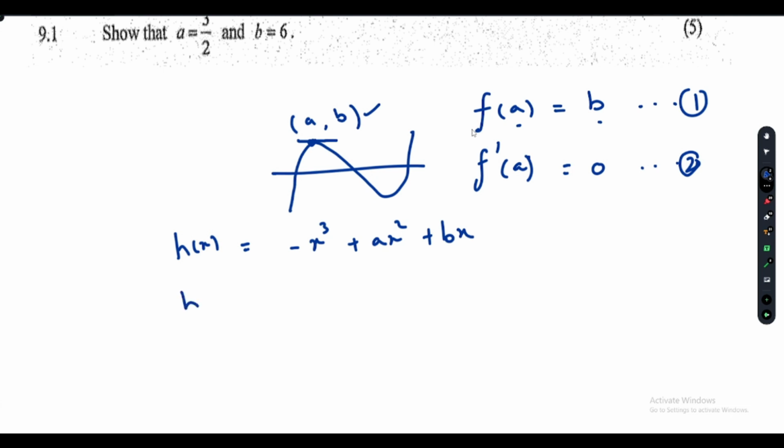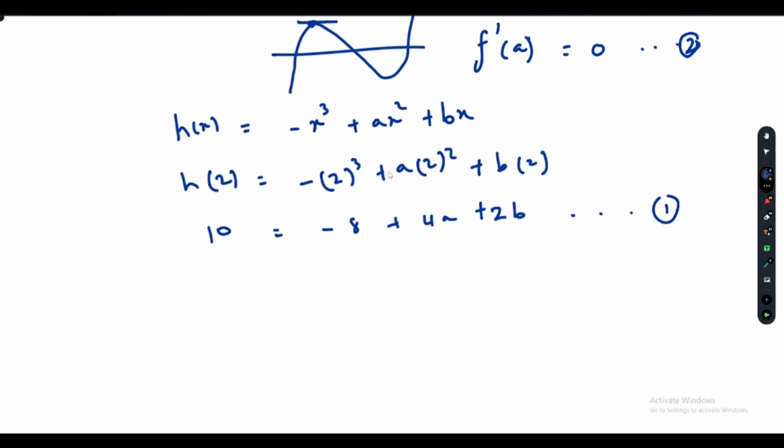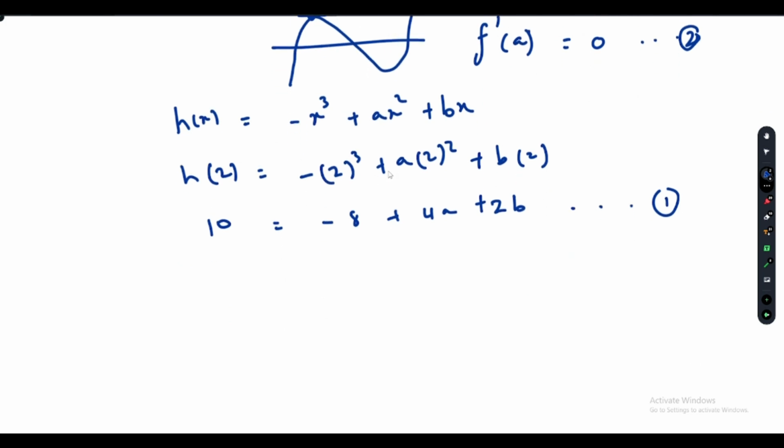So h of 2, which would equal minus 2 cubed plus a times 2 squared plus b times 2. We know h of 2 is 10, so 10 is equal to negative 8 plus 4a plus 2b, equation 1.